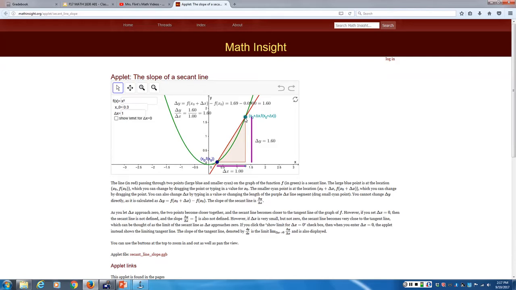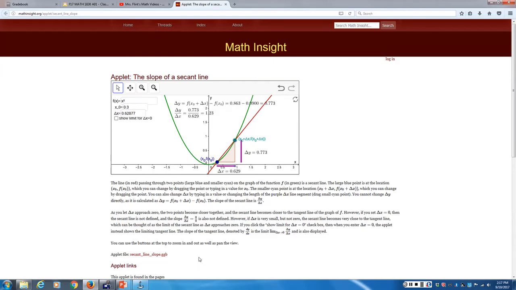What would happen if I were to move this point closer to the other point? Does that change the slope of the secant line? Yeah. What if I moved it closer still? Does that change the slope of the secant line?